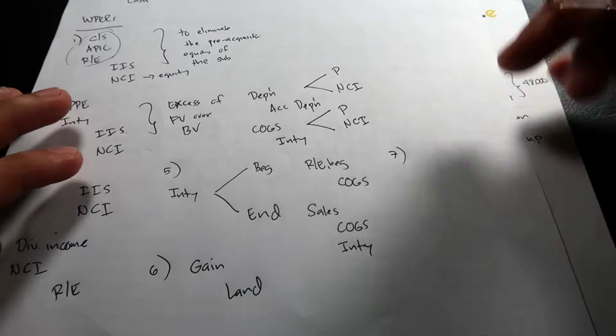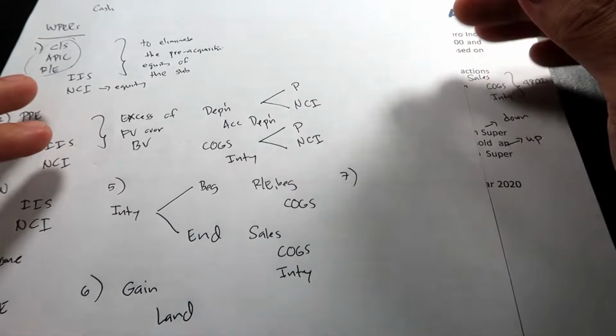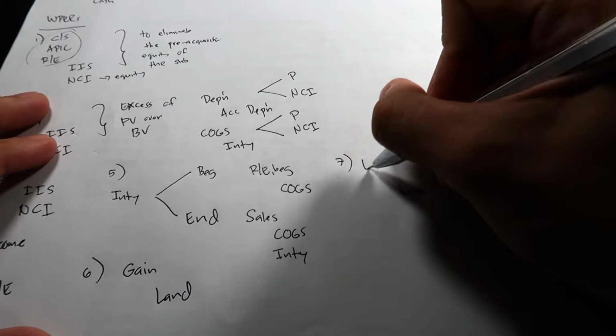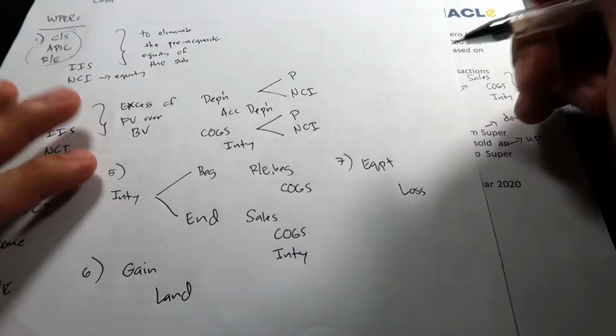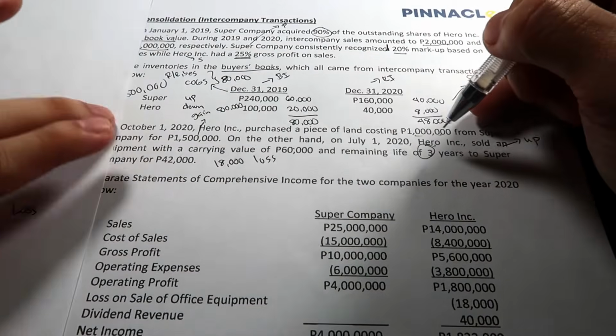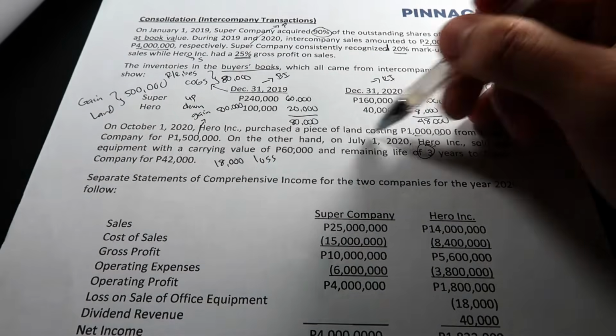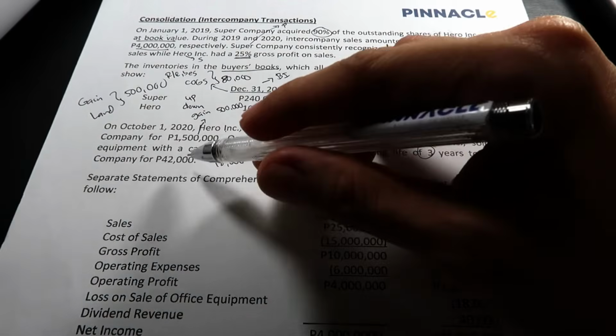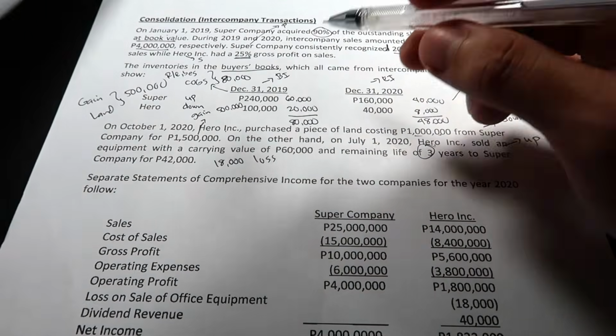Entry number 7 is for a depreciable asset. It's a loss, right? We need to credit the loss. We debit equipment. Don't forget that since it was recorded on July 1 at 42,000, it depreciates based on 42,000, not at 60,000, right?